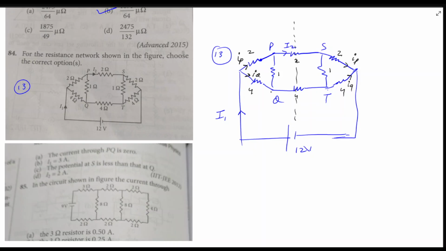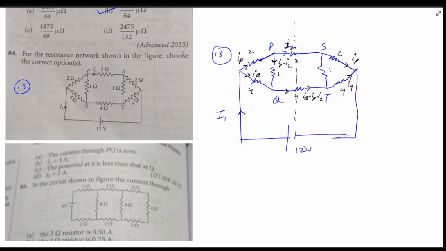So let's say I2 is going in this wire, so in this wire it is IP minus I2. So in this wire we'll have IQ plus IP, so let me write it here. So in this wire, it is IQ plus IP minus I2.